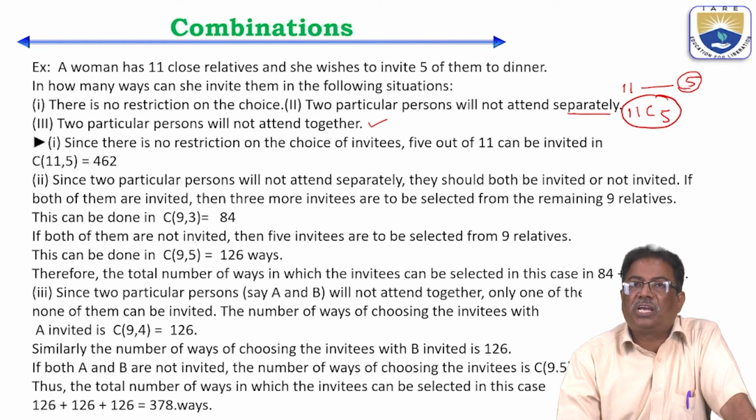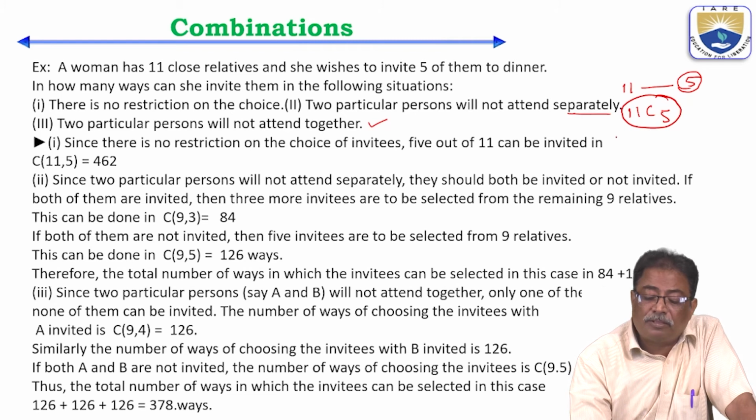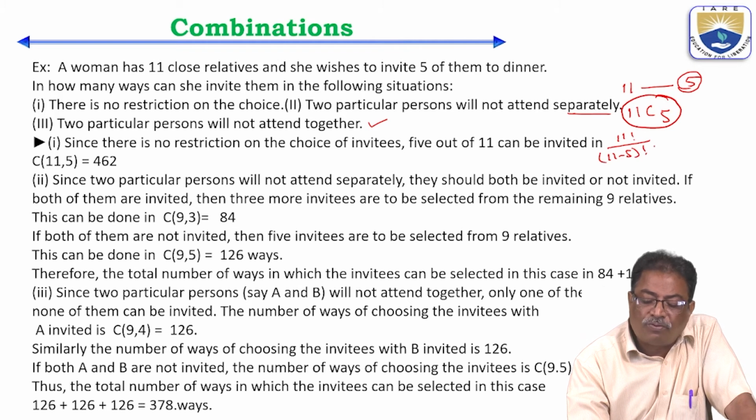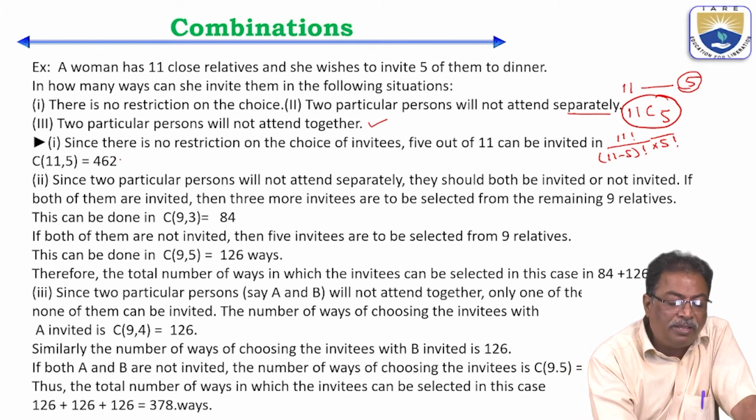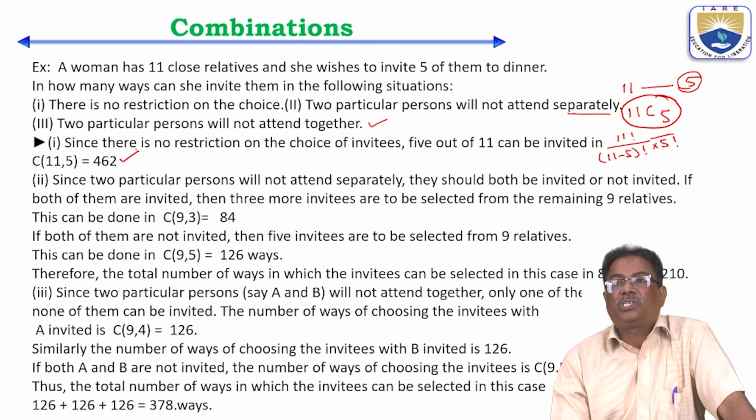That is nothing but 11 factorial divided by 11 minus 5 factorial into 5 factorial. If you simplify that, we get 462.